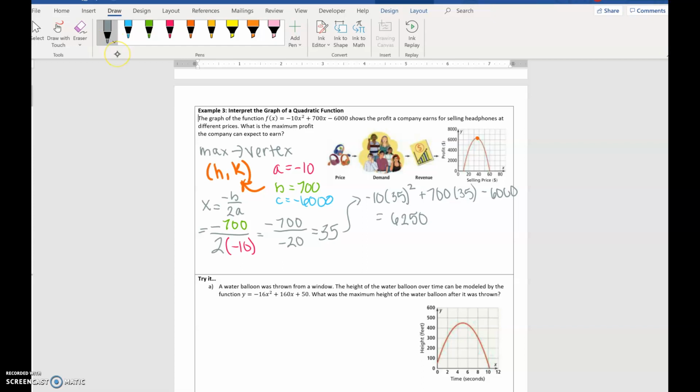So the final answer is the company can make a max profit of $6,250 if they sell the items, so headphones, for $35.